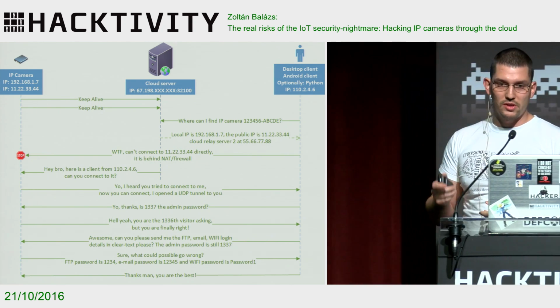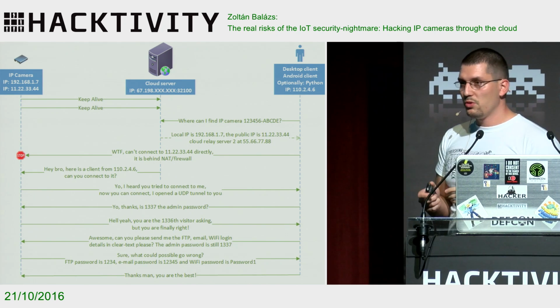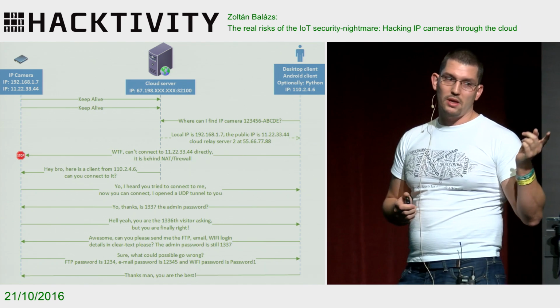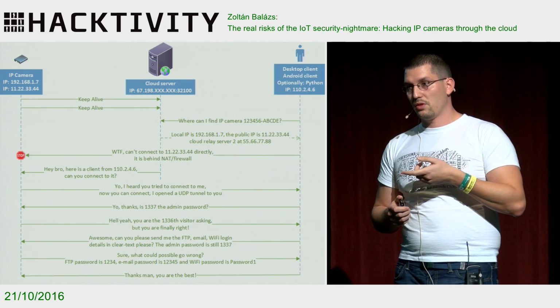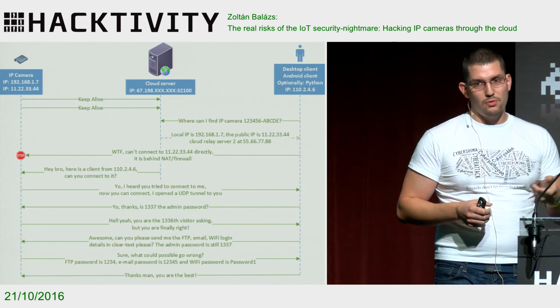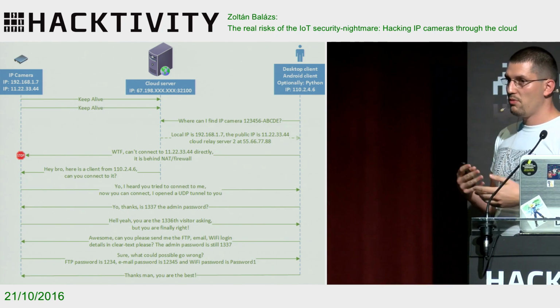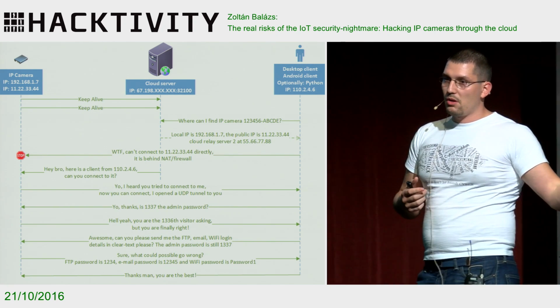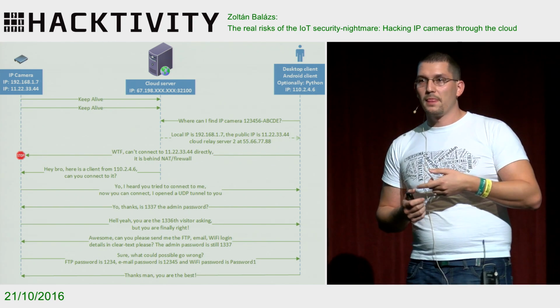What do you think about this? And as it turns out, now the IP camera is sending a packet to this mobile phone. For example, if this mobile phone has a public IPv4 address and it's not behind NAT, the camera connects to my mobile phone.